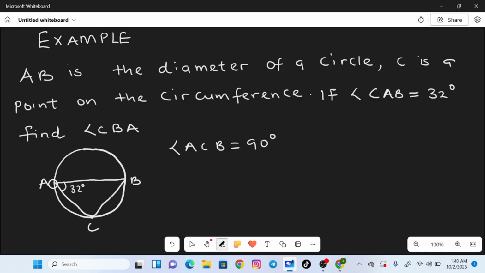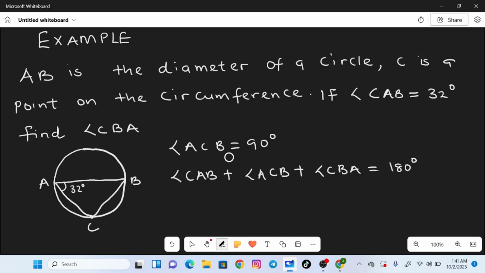If you consider this triangle ACB, the sum of angles in a triangle is 180 degrees, so we can say angle CAB plus angle ACB plus angle CBA equals 180 degrees.